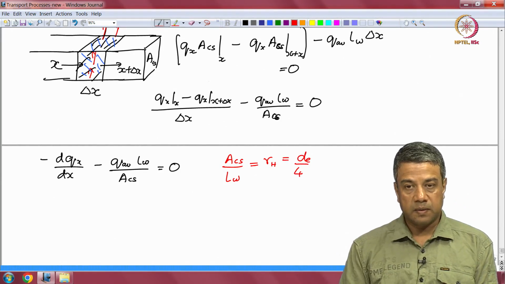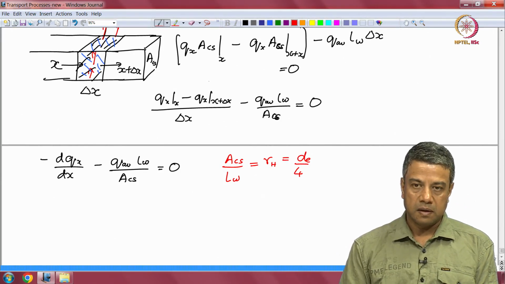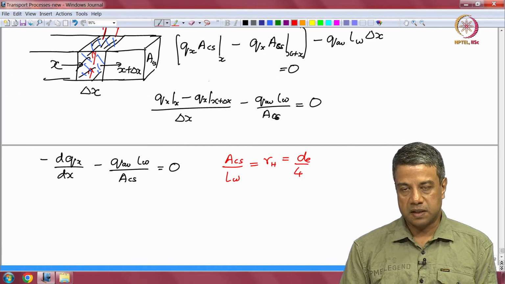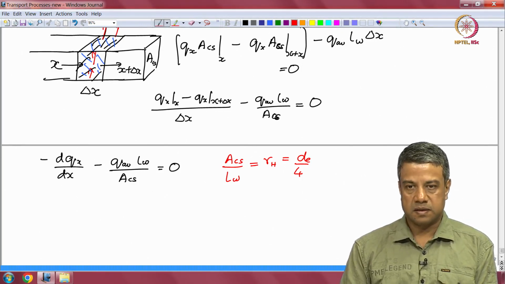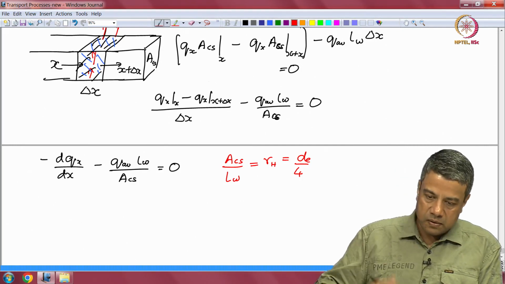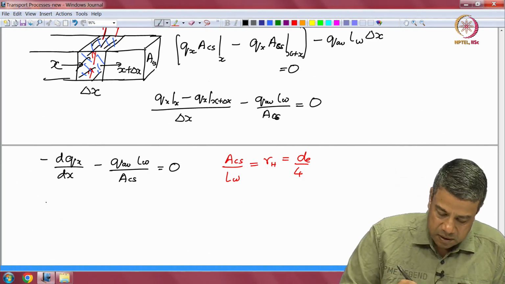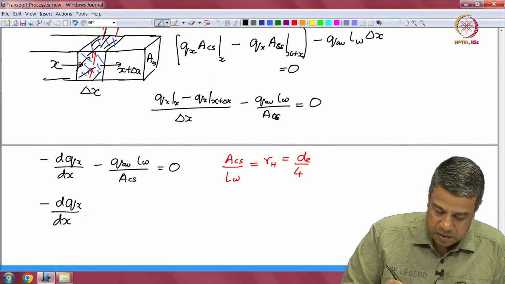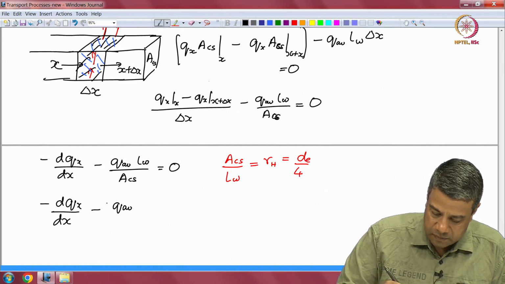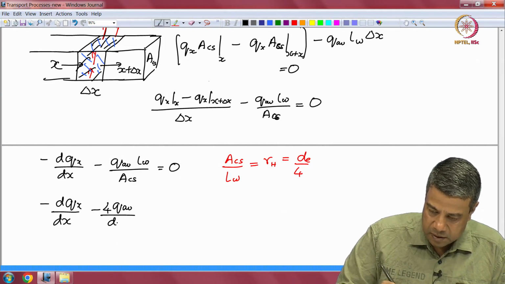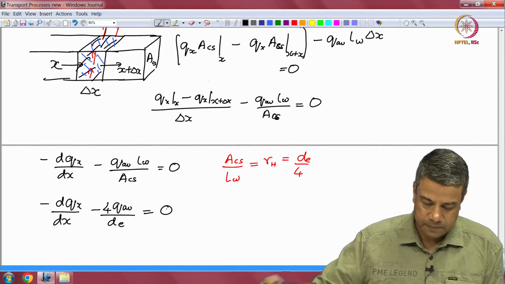One-fourth of the equivalent diameter for conduits, tubes, channels, etc., and one-sixth for three-dimensional objects. So, we can substitute that in here, and you will get minus dqx by dx minus QAV, 4 by dE is equal to 0.